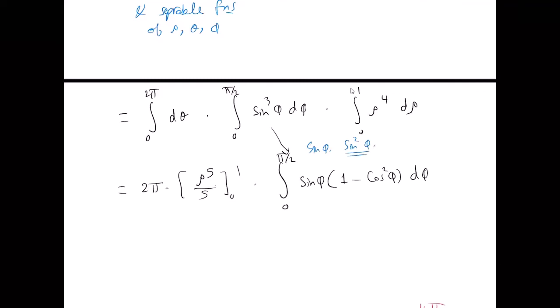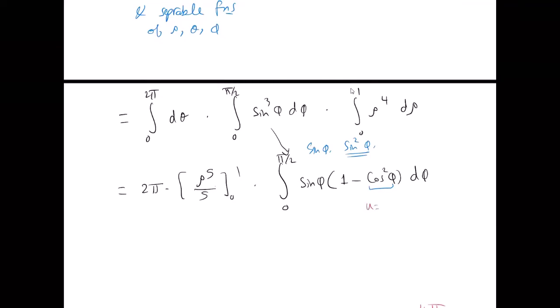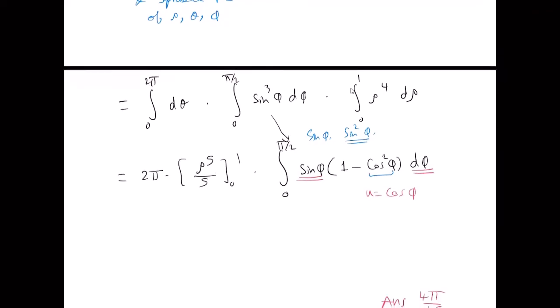Why do we make this transformation? Because we can make a u substitution, u equals cosine phi, since du will be negative sine phi d phi, the derivative of cosine phi with a change of sign.